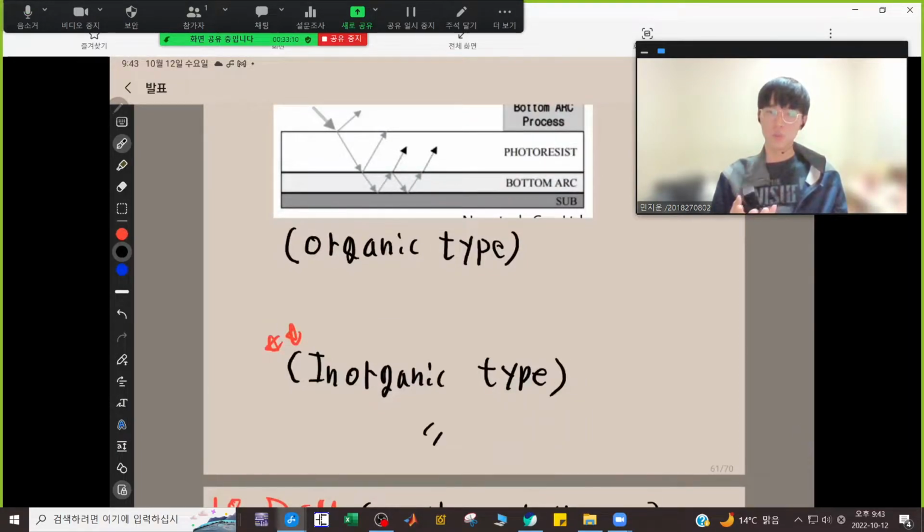The next type is the inorganic type. This inorganic type uses silicon nitride deposited by CVD, chemical vapor deposition, at high temperature.